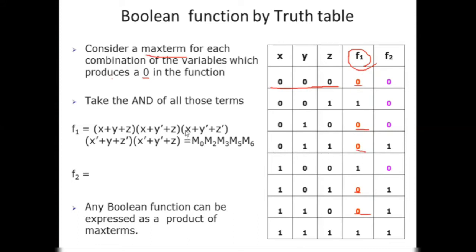Then we have x plus y dash plus z dash. And in the fourth term, we get x dash plus y plus z dash. And in the next term, we get x dash plus y dash plus z.